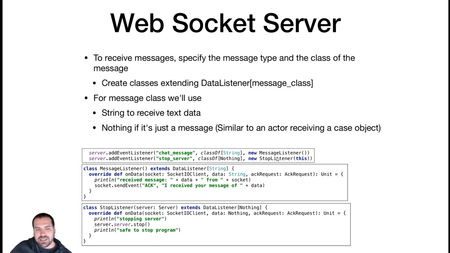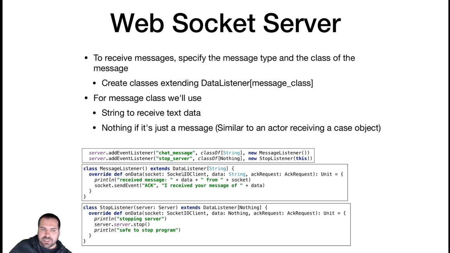So for the message listener, we're going to create that class and have its onData method, which is going to be called when this event occurs. So when a chat message is received, we're going to use this handler and expect it to be expecting a string.